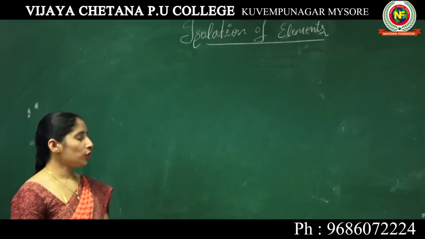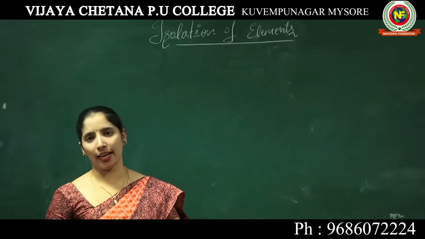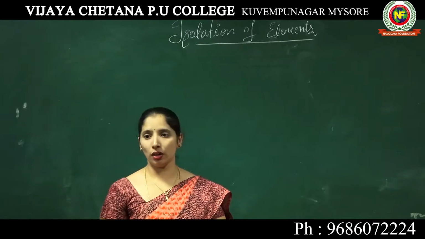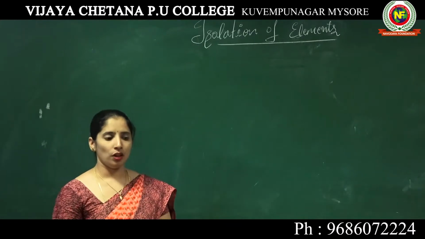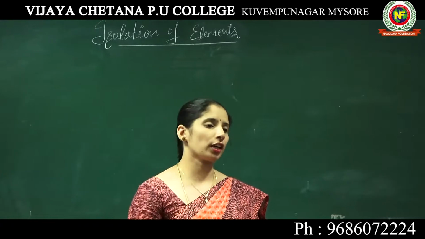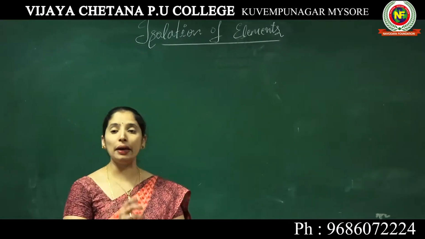Yesterday we discussed a very important concept, that is the Ellingham diagram. This Ellingham diagram mainly explained which is the best reducing agent, means the reduction of metal oxides to form what? Metal.